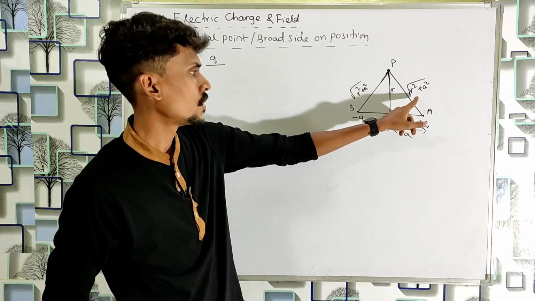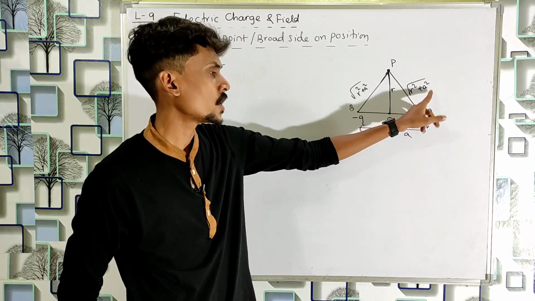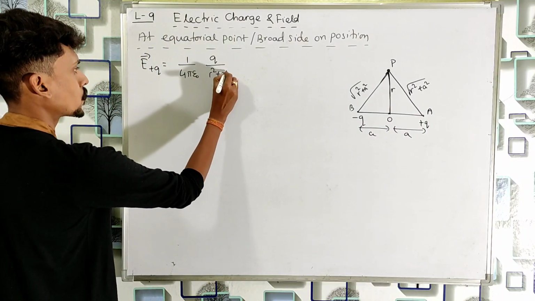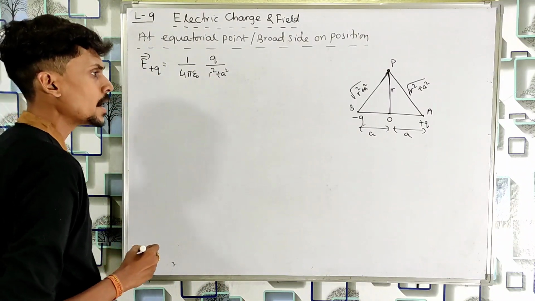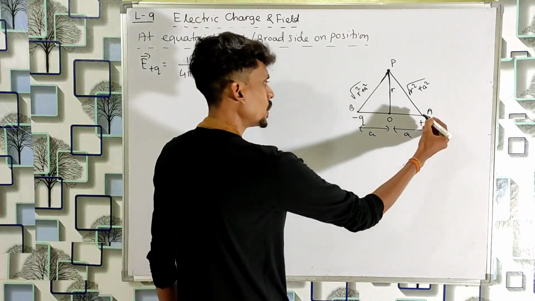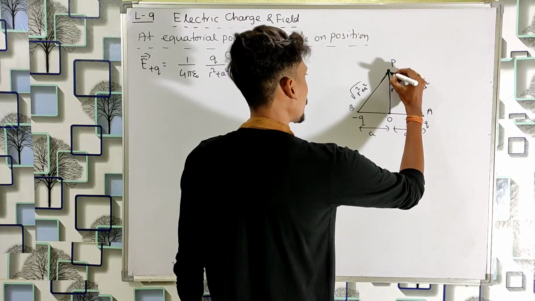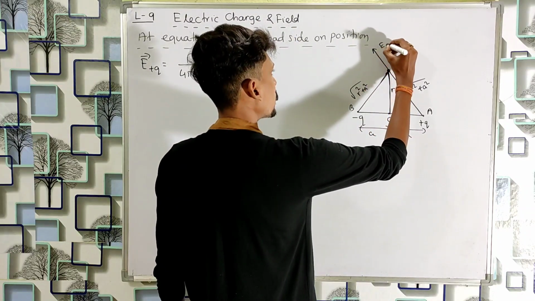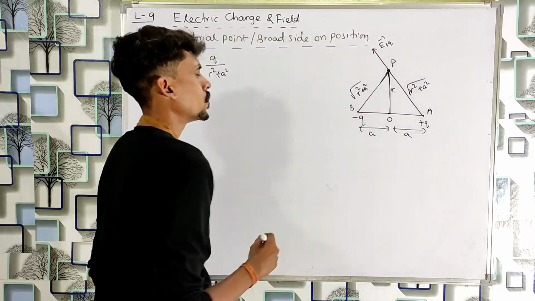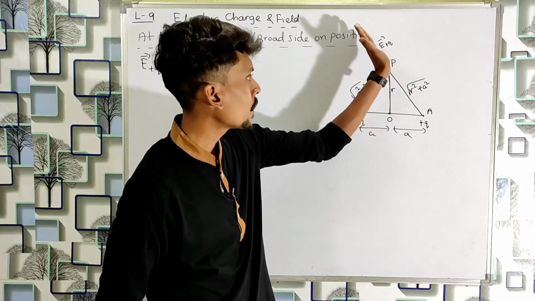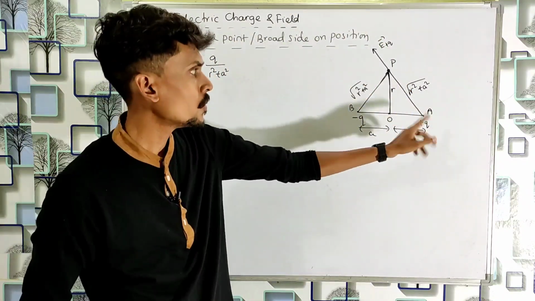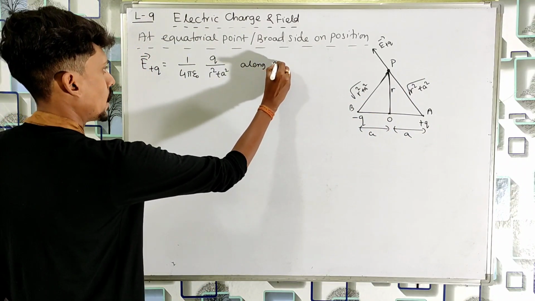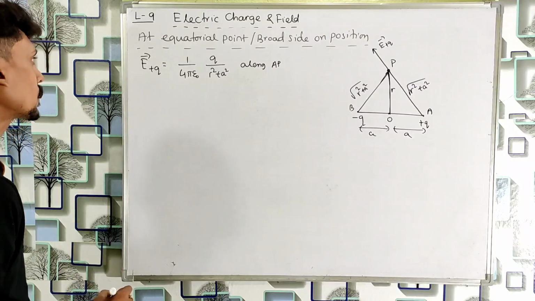The distance is square root of r square plus a square, so distance square will be r square plus a square. Is that clear? And we know that for a positive charge, the electric field is directed away from the charge. Means E plus q will be directed along AP, away from the positive charge. Is that clear?